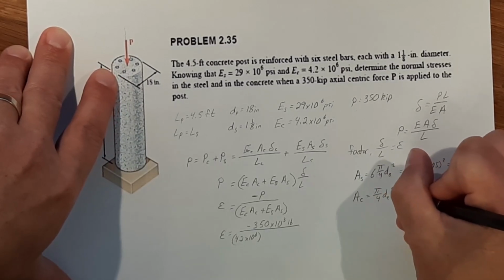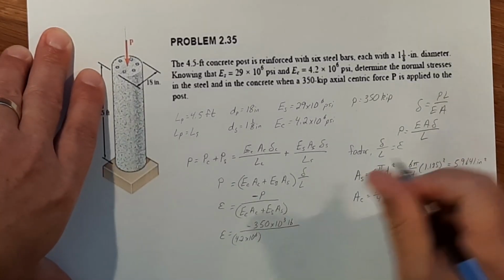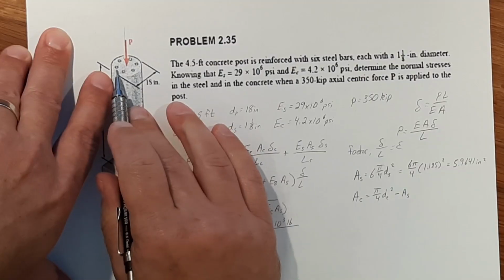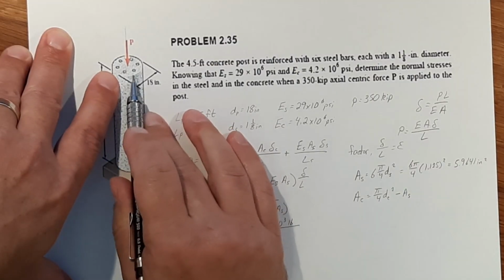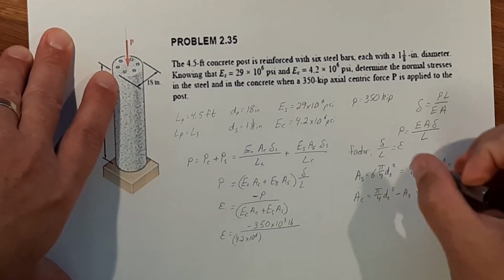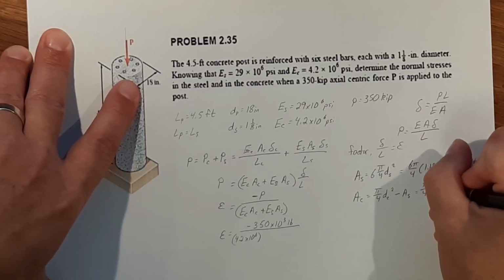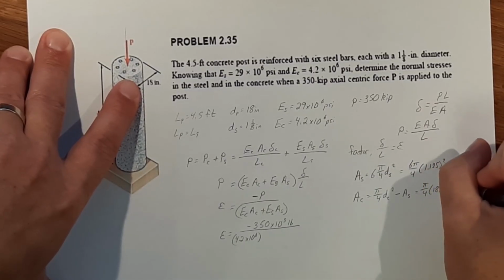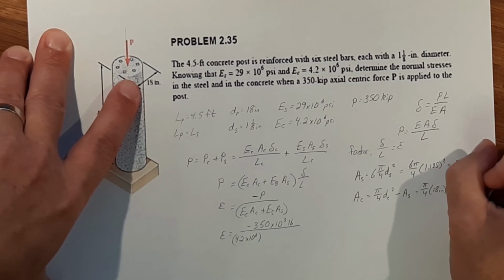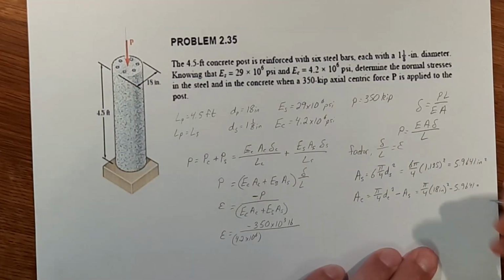For the area of the concrete, we have pi over 4 times the diameter of the concrete squared, and we have to subtract the area of the steel because the cross-sectional area of the steel is not included in the concrete. So we have pi fourths times 18 inches squared minus 5.9641, and our area is 248.51 inches squared.